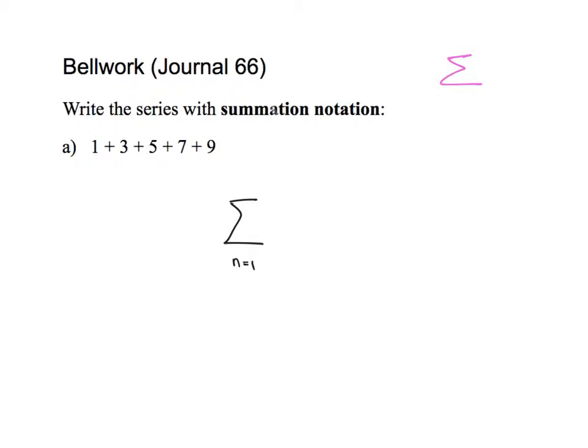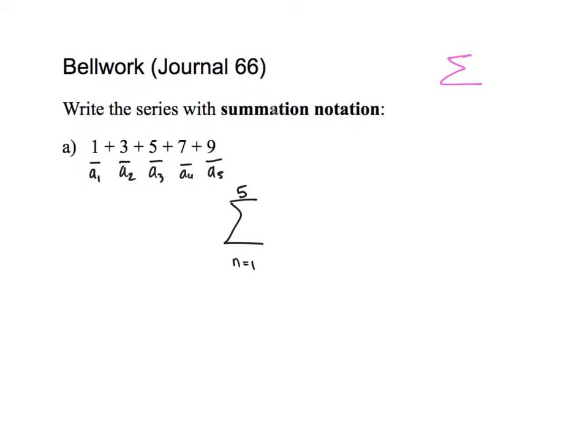So in this case, I'm saying this here is my first position, A1. Okay? And then next I would have A2, and then A3, and A4, and then it goes all the way up to the 5th position. So in this case, because I go up to the 5th position, this needs to be a 5 because I'm going to the 5th term.